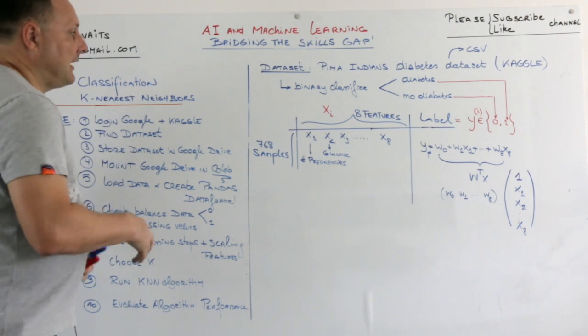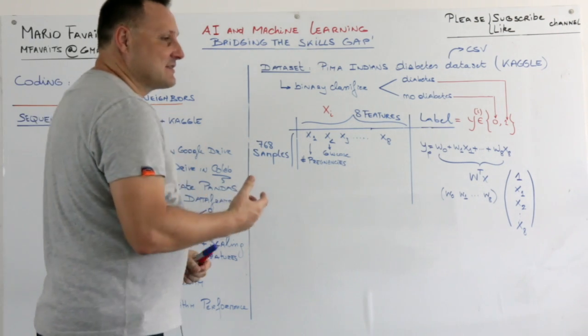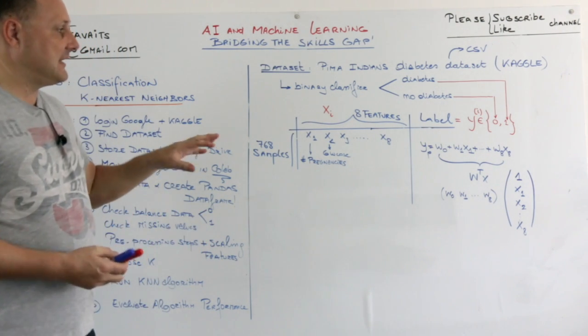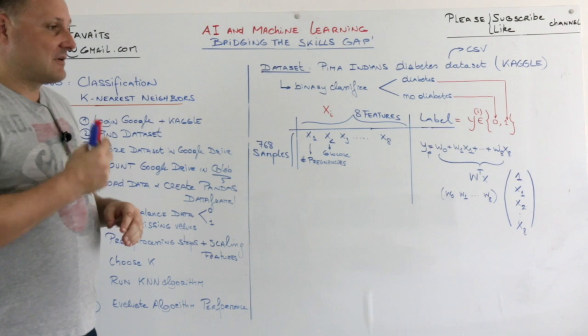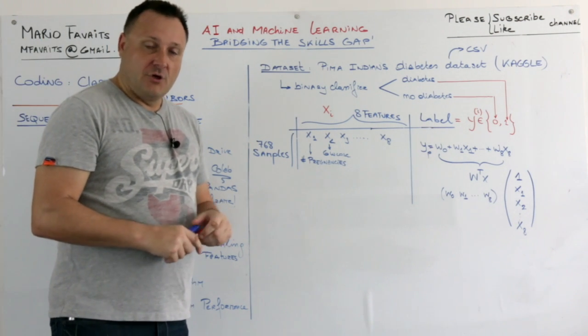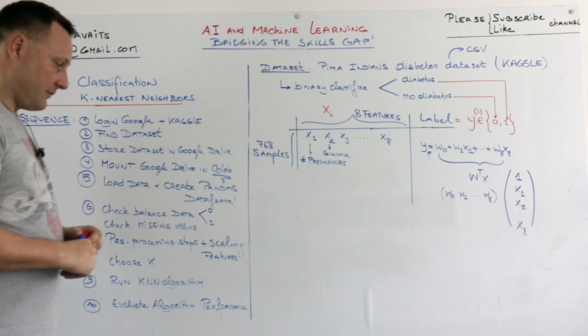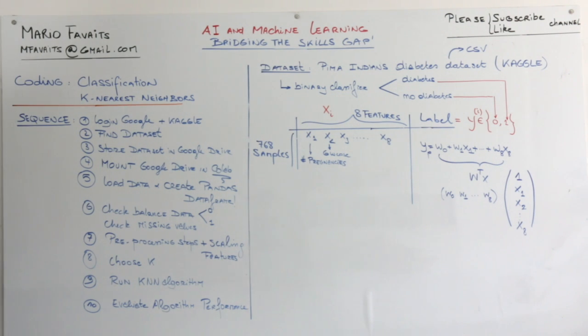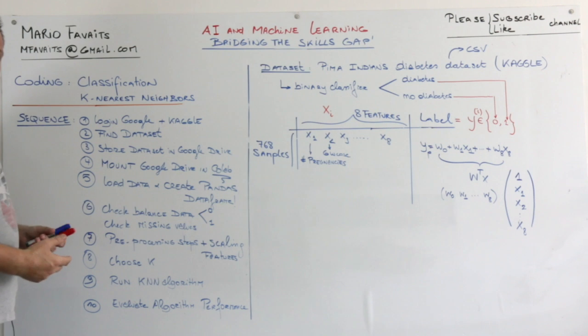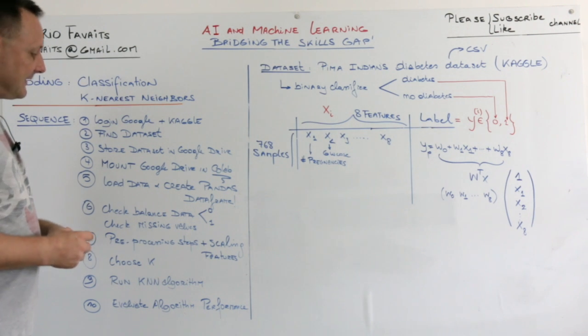I already checked these data sets. There's no such thing as missing values, but we will see that there are some zeros which can be assumed to be missing values. So we will deal with missing values. Then we're going to pre-process these data.